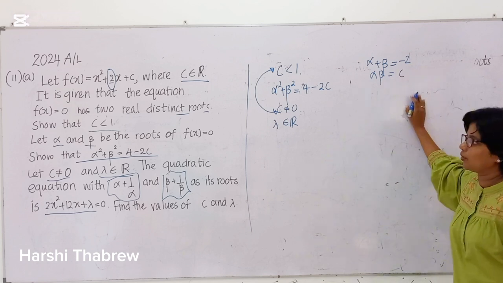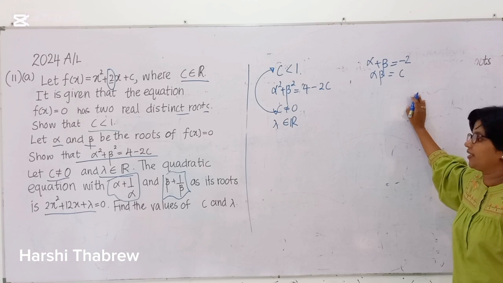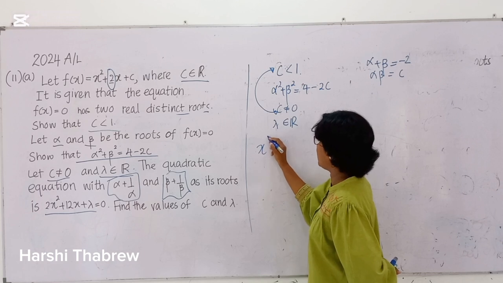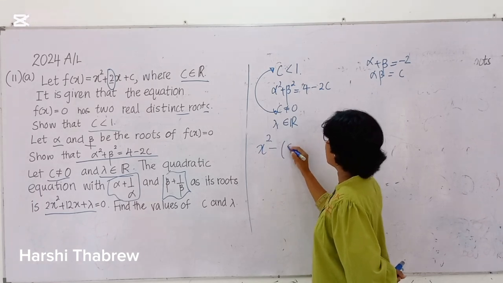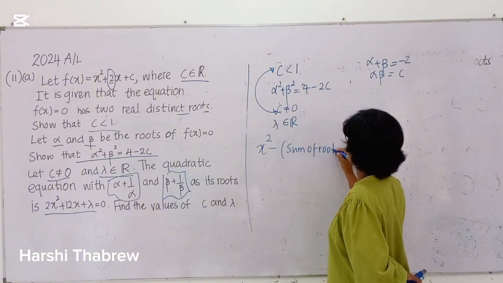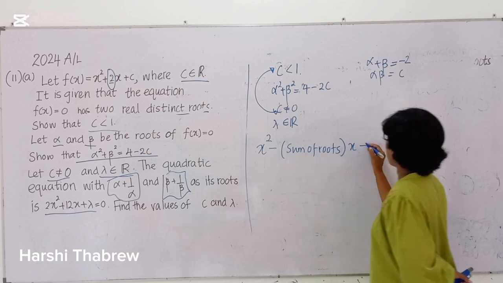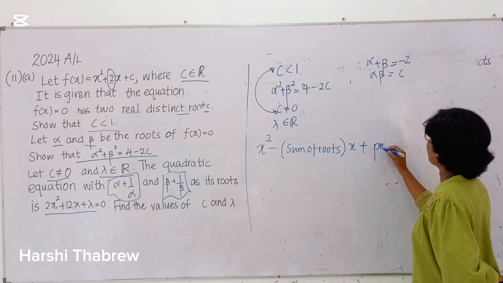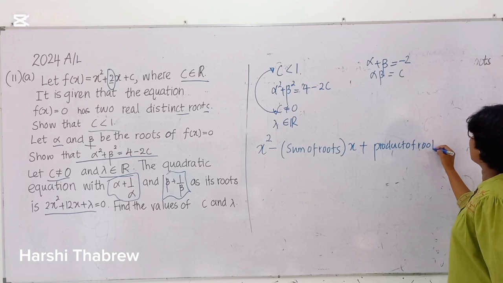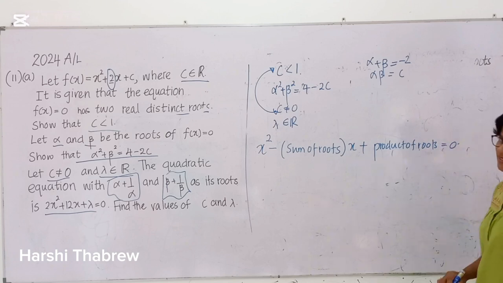You can use these two. The new quadratic equation will be x squared minus the sum of roots times x plus the product of roots equals 0. You know it now.